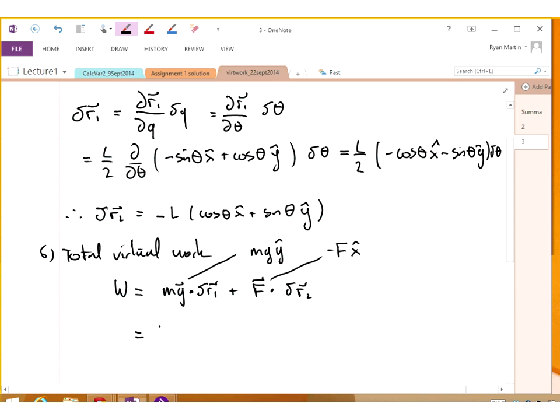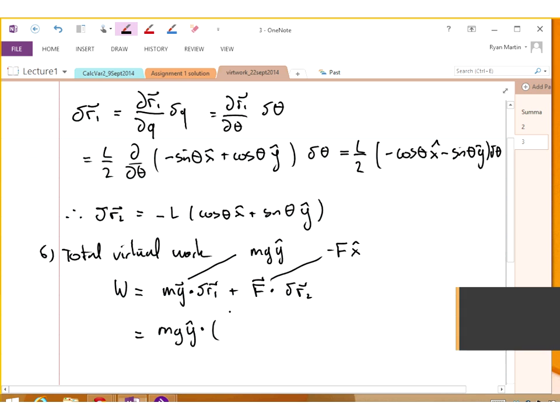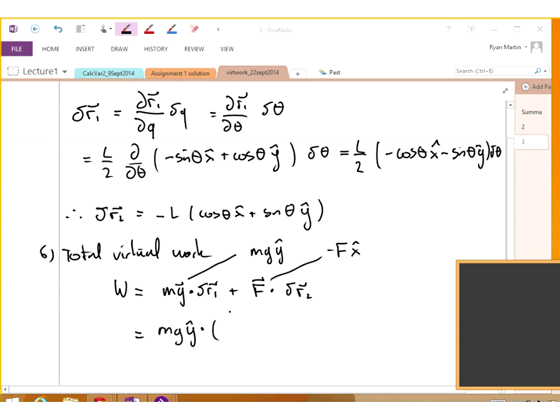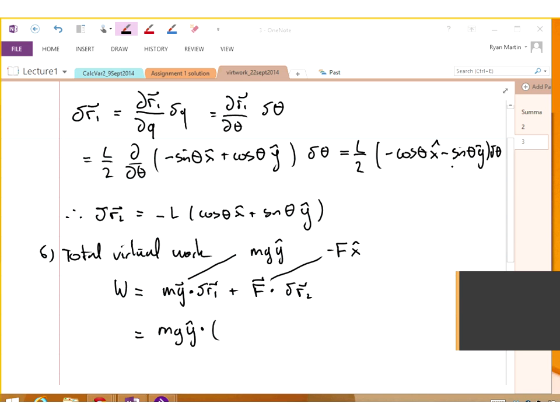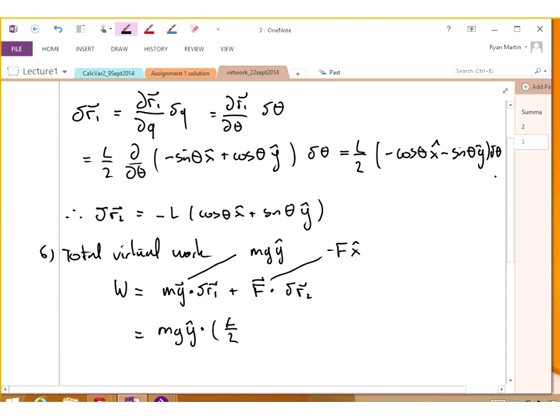So here we have mg y hat dotted with delta R1, which we said was L over 2. And then the only term that matters is this minus sine theta y hat.